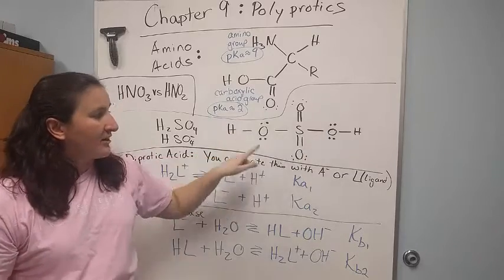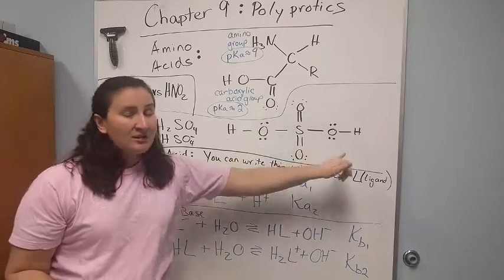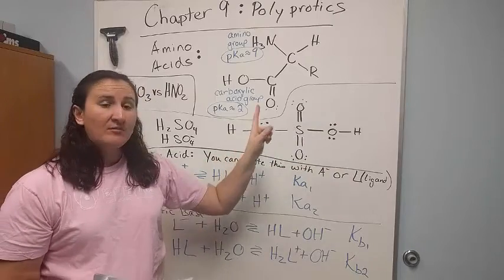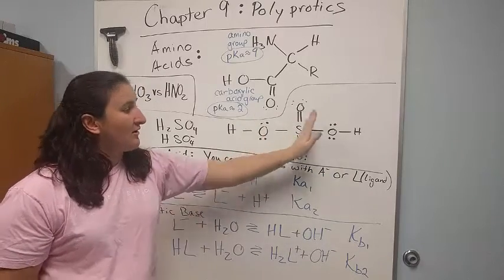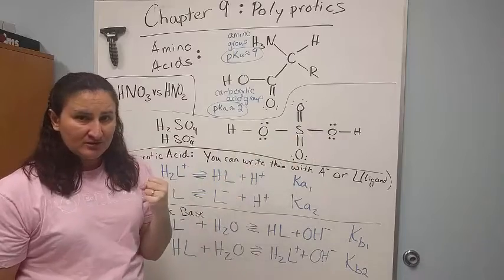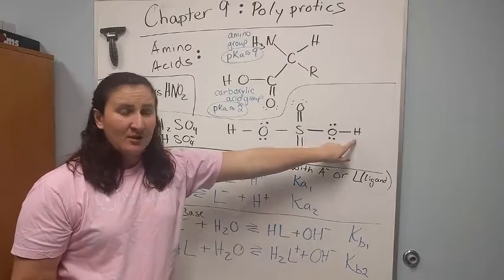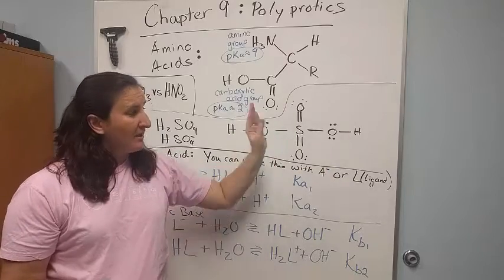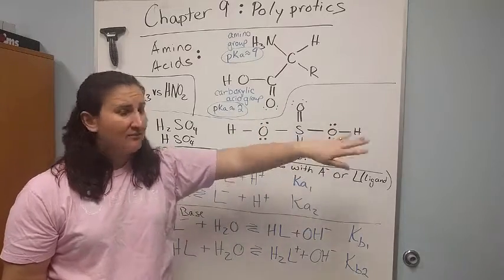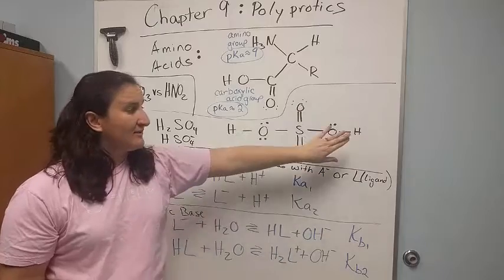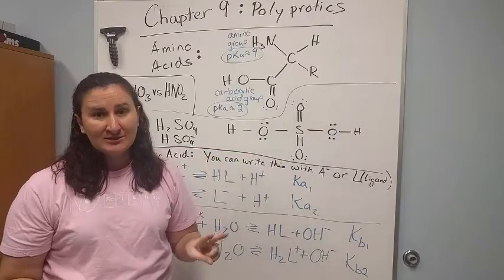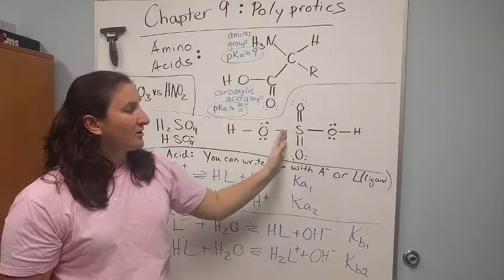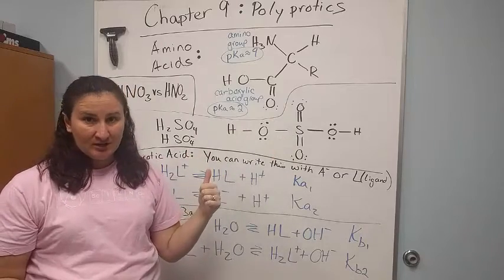These oxygens are all very electronegative, so it doesn't matter which hydrogen comes off first, but one of them comes off first, because these are all pulling those electrons away from it. By the time that second one is ready to come off, this has a negative net charge, making it much harder for it to leave another electron behind, because that would give it a -2 charge, which is going to be harder than just leaving it with a -1 charge.